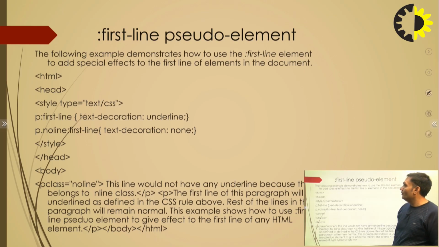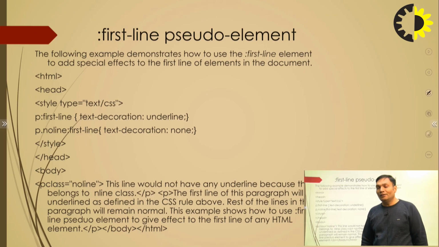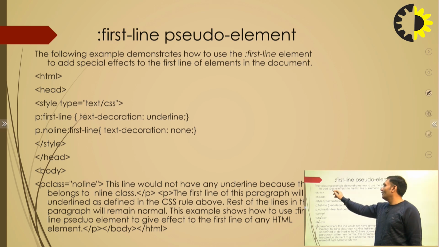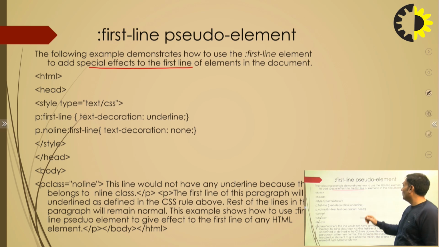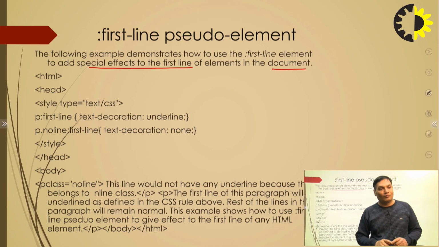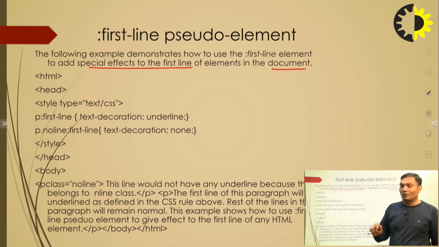Here is an example. We want to add a special effect to the first line of an element of a document. We are not changing the whole paragraph or the whole document, we are just changing a small part of a paragraph or a document.